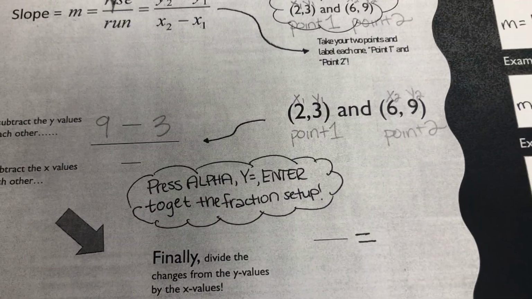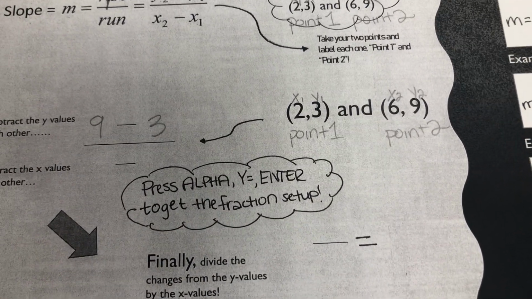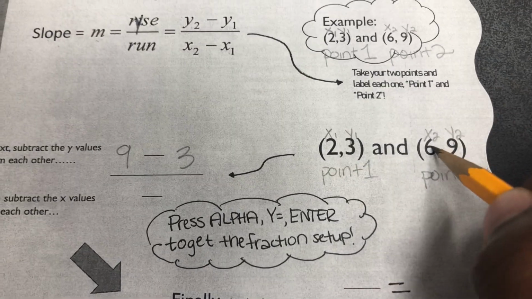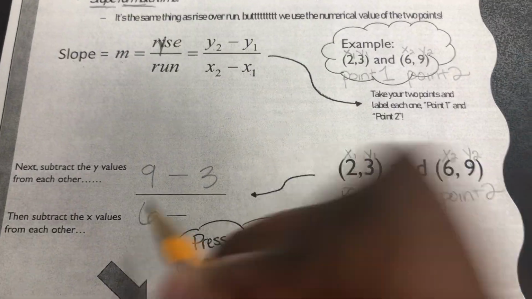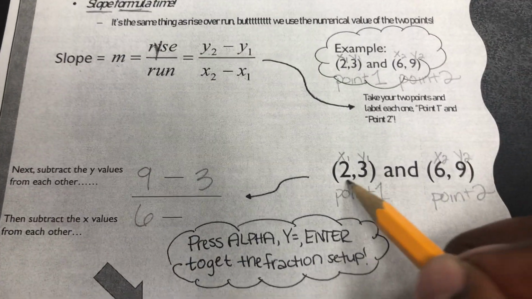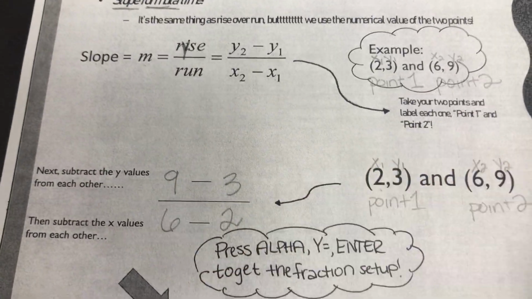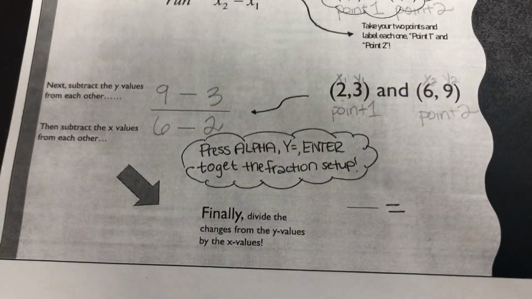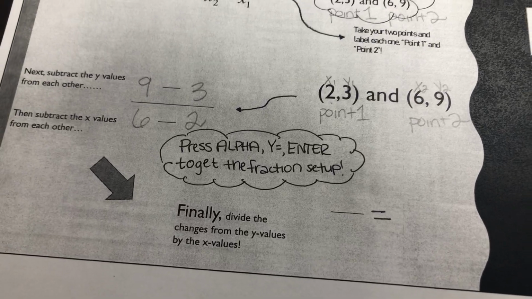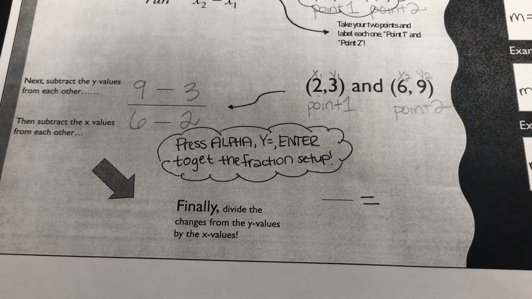Put that in a fraction over your x2, which has to go first, which is 6, minus your x1, which is 2. So at that point, all you do is just subtract these two and then divide.